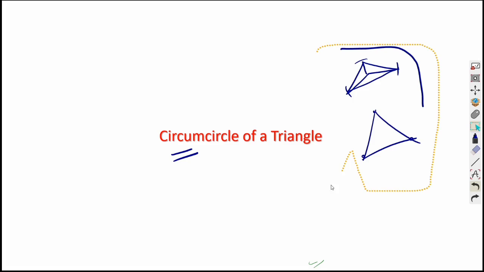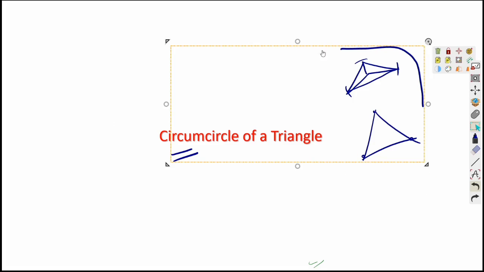For the incircle you were aware of the angle bisector, and you also know the property that every point on the angle bisector is equidistant from the sides of the angle.